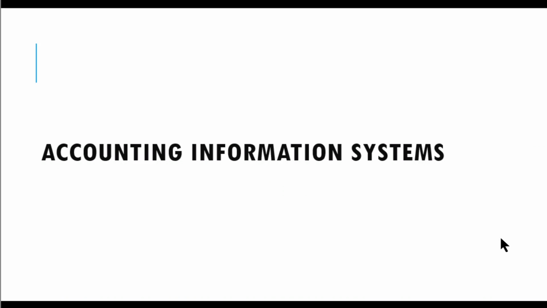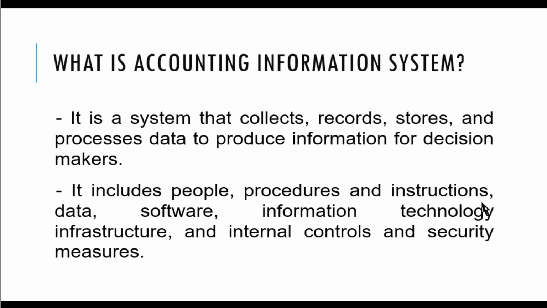Okay, next we have the accounting information system. So we already learned that a system is a set of interrelated subsystems or interrelated parts. So what is an accounting information system? This is a system that collects, records, stores, and processes data to produce information for decision makers.